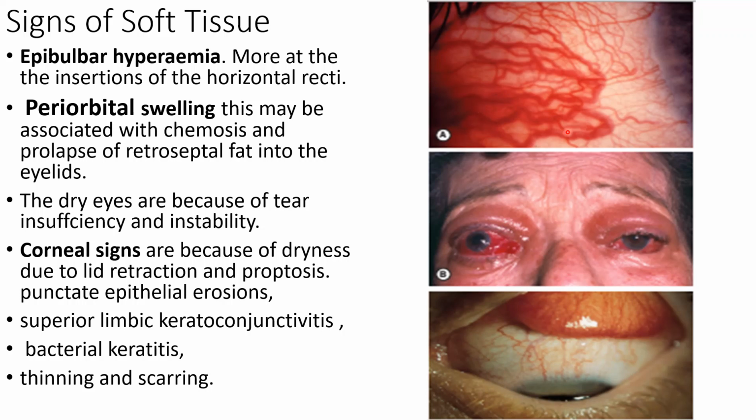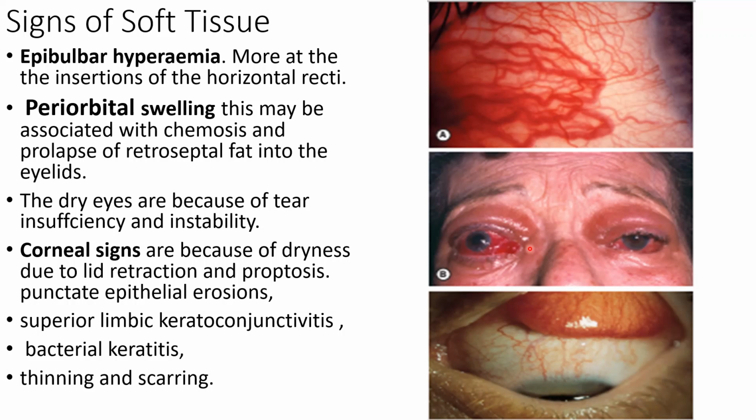This is an insertion of the lateral rectus, where you can see this, and here you can also see the periorbital edema and the conjunctival congestion and chemosis, with sometimes prolapse of the retroorbital fat into the eyelids.